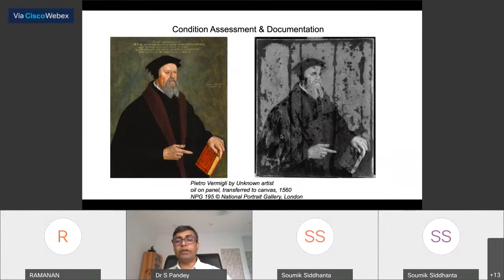Under UV light, you see these dark areas and then you see light areas. The dark areas signify that these were areas where the painting has been retouched. You don't see them in the original painting anywhere because it is a meticulous job of color matching. So you don't see those retouched areas, but the moment you put UV radiation on it, what happens?